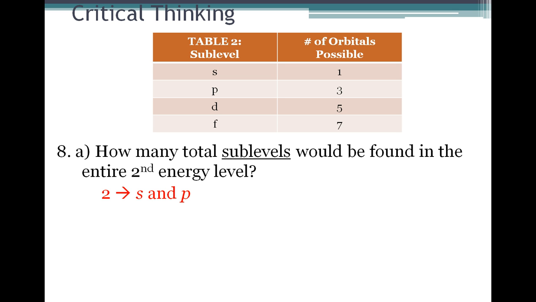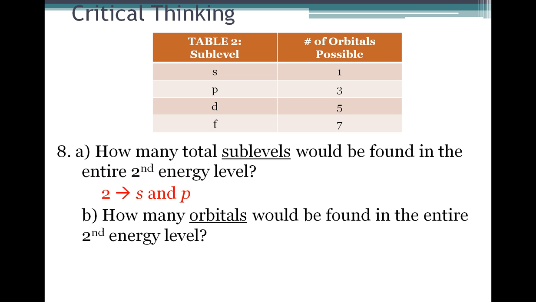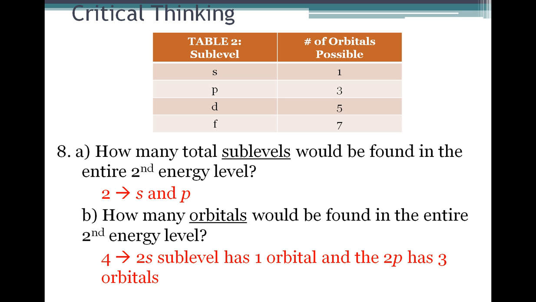You would just look under the second energy level back at the original chart, and since there are S and P, then we know that there are 2. And how many orbitals would be found in the entire second energy level? Well, there are 4, because the 2S sublevel has 1 orbital, and the 2P has 3, because you looked at the chart, S and P.